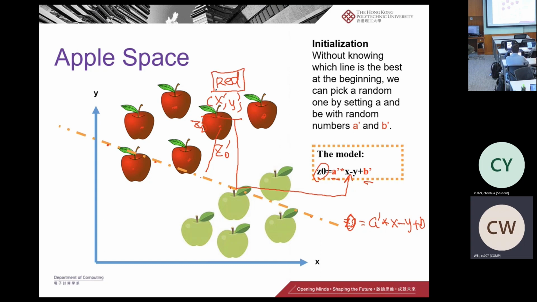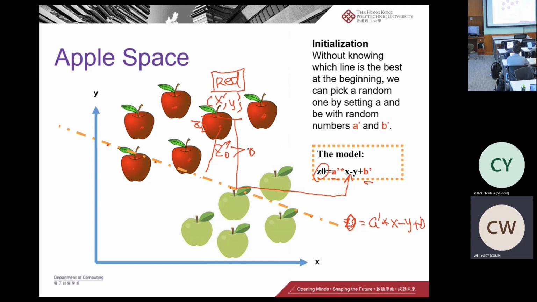What value are we using for red? It's 1, right? So this one right now is greater than 0 based on the line we have.